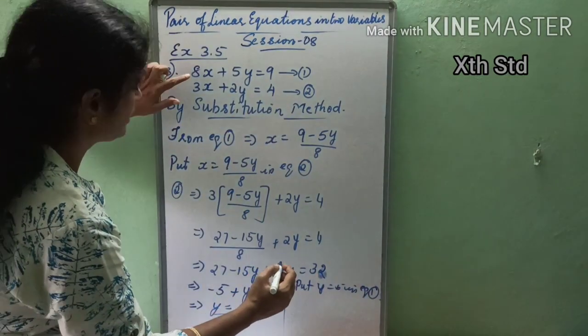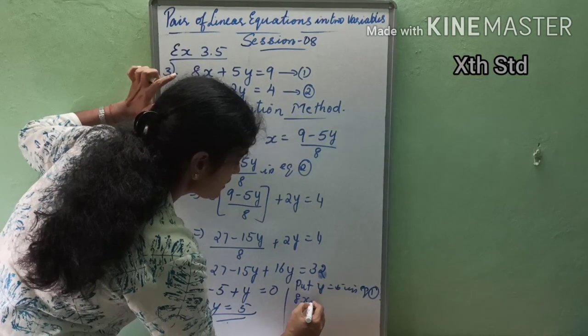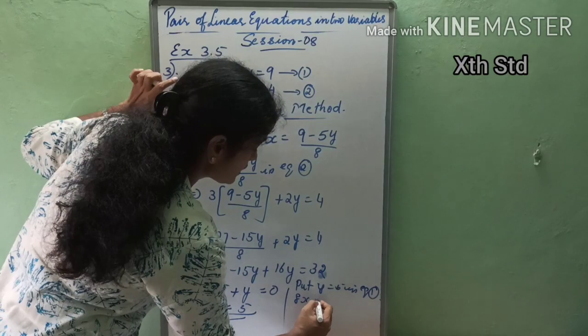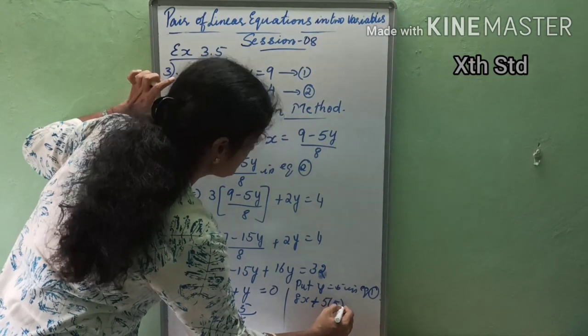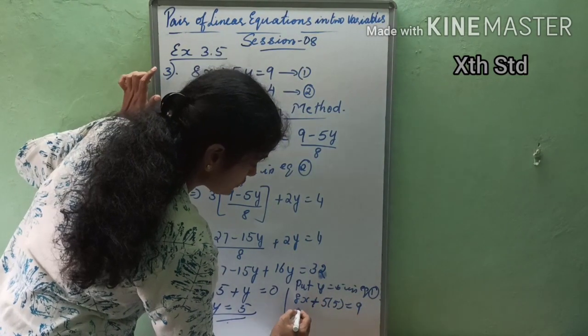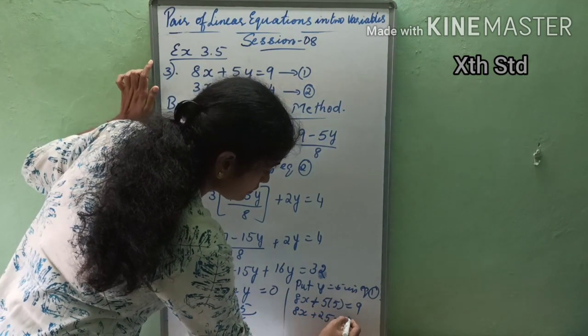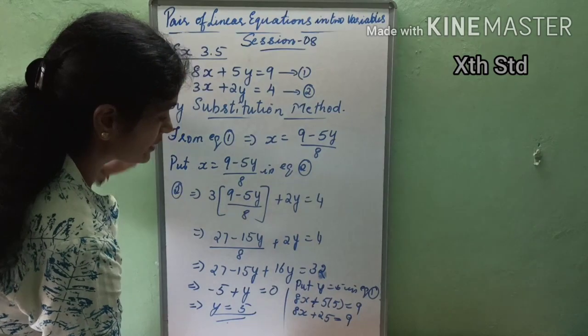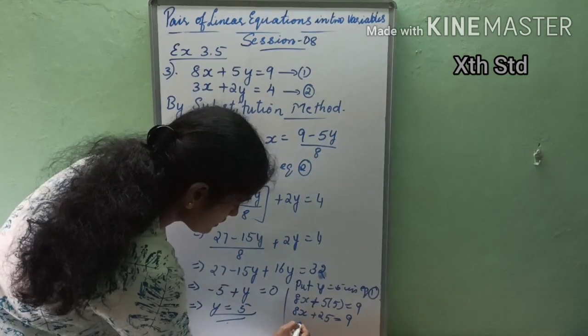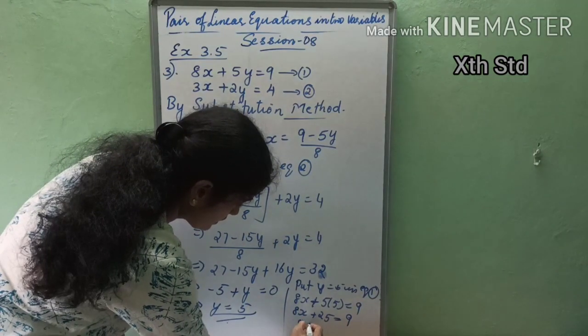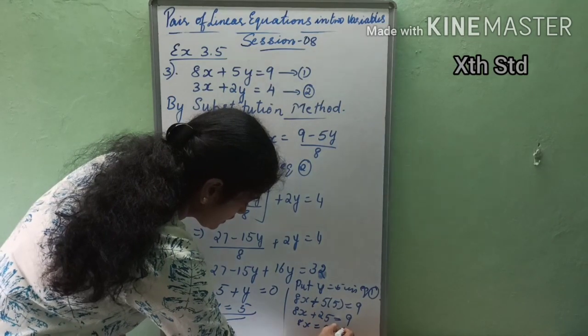By doing so, in equation 1, what you get? 8x plus 5 into 5 equal to 9. So 8x plus 25 equal to 9, right? Therefore, 8x is equal to 9 minus 25.